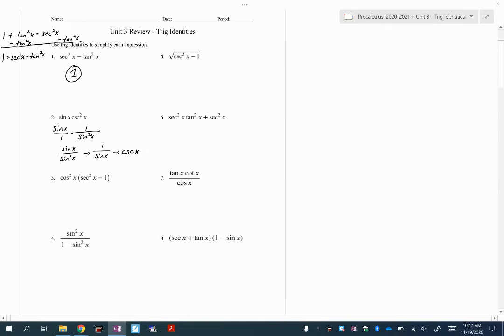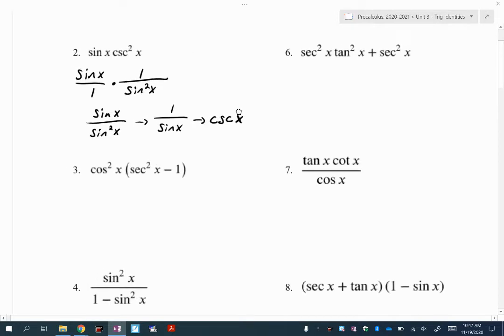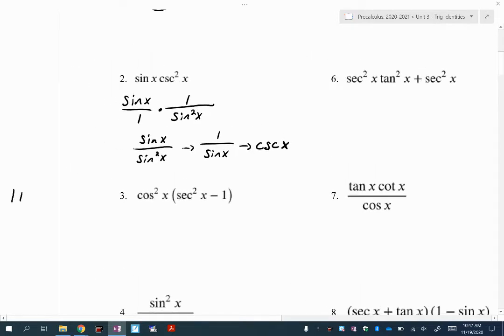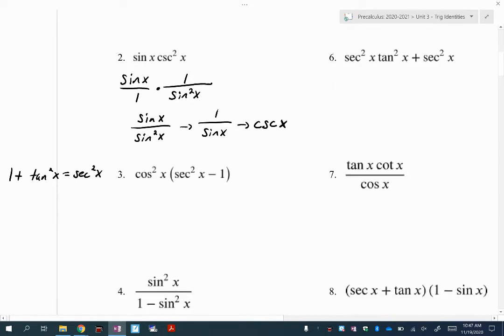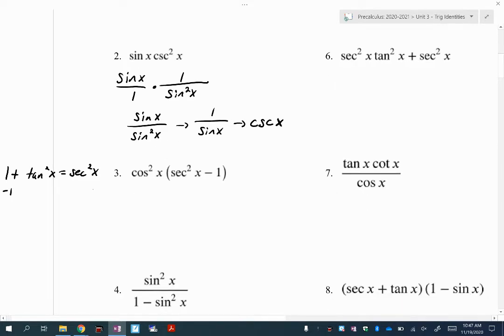I'm going to use 1 plus tangent squared x equals secant squared x. Yeah, that's what I'm going to use. That same identity I used for number 1, because if I move the 1 over with subtraction, I get tangent squared x equals secant squared x minus 1, which is exactly what I have.